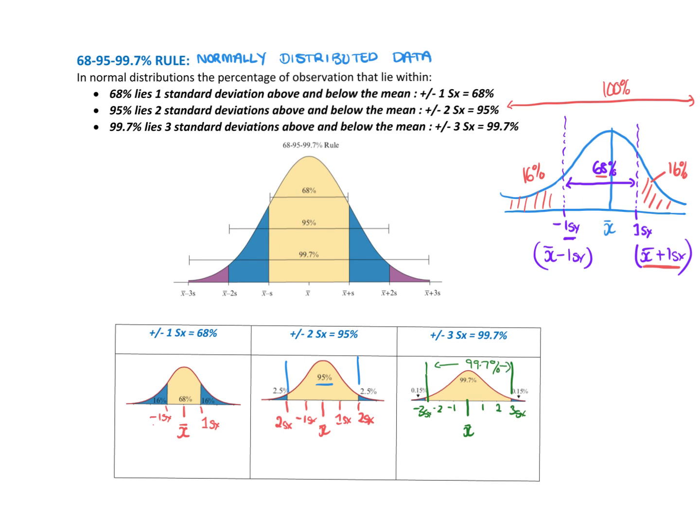So that's nearly the whole data set, very close to 100. So these pockets are very tiny, but they are still there. There's those little pockets there, and there's 0.15%.